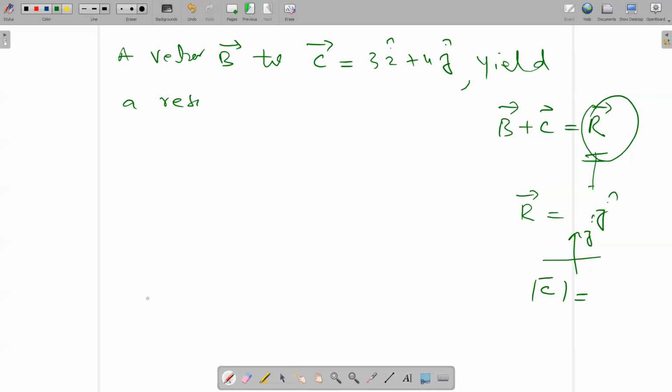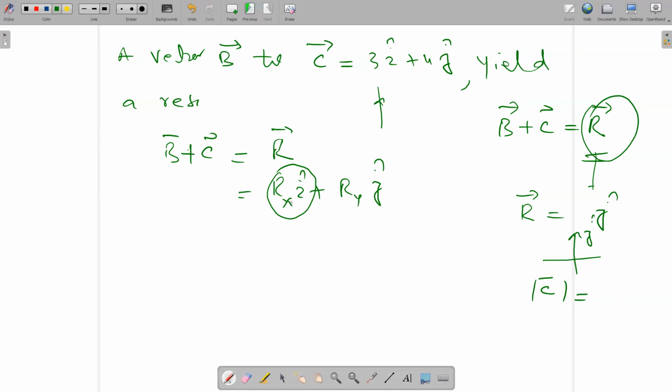The question is a little tedious. If we add B vector to C vector, we will get a resultant, surely. But this resultant is in the positive y direction. So if I write it as Rxi plus Ryj, the x value is 0. That is one condition.